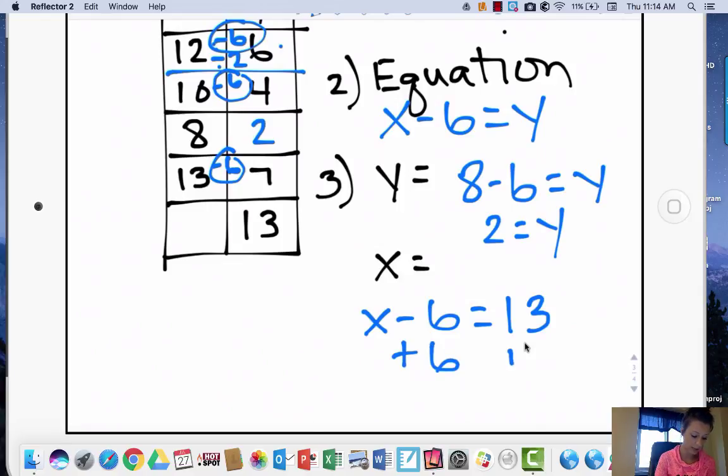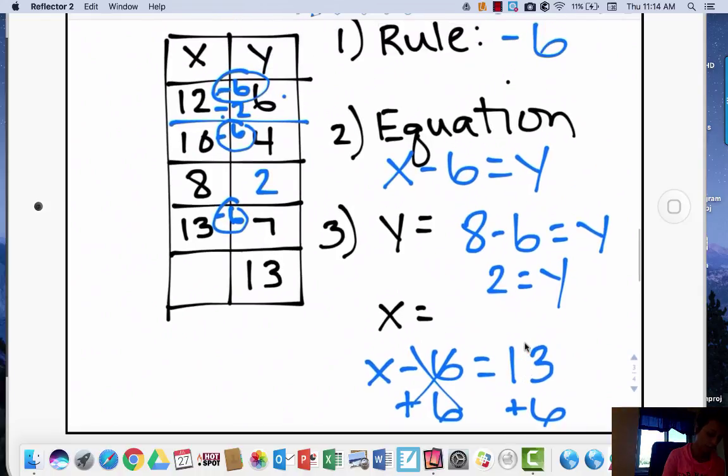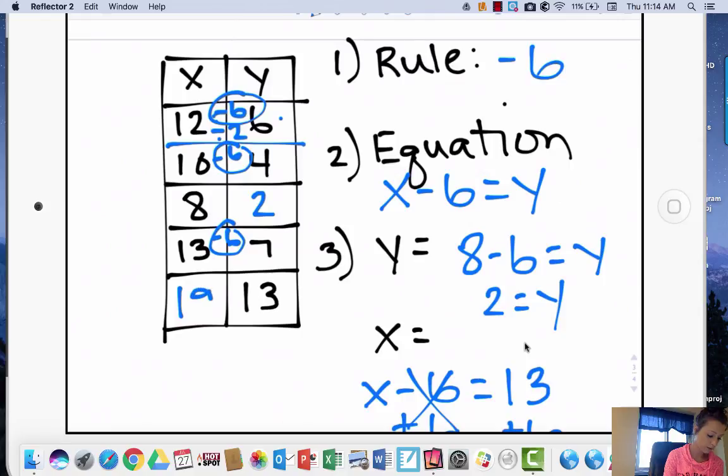So I must do that to both sides. My 6's will cancel out. And my 13 plus 6 is 19. I'm going to come back up to my table and write my 19 up here. I also want to make sure that I double check. 19 minus 6 equals 13. And it does.